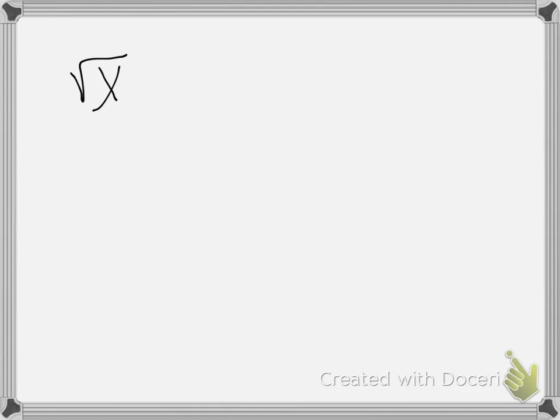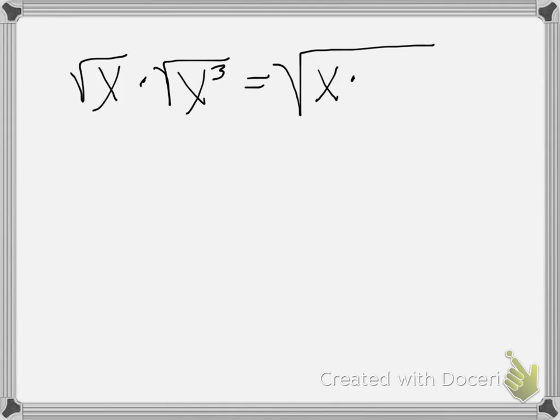If you take the square root of x times the square root of x cubed, you can think of those as the square root of x and then 3 more of them, because this x cubed means 3 of these.